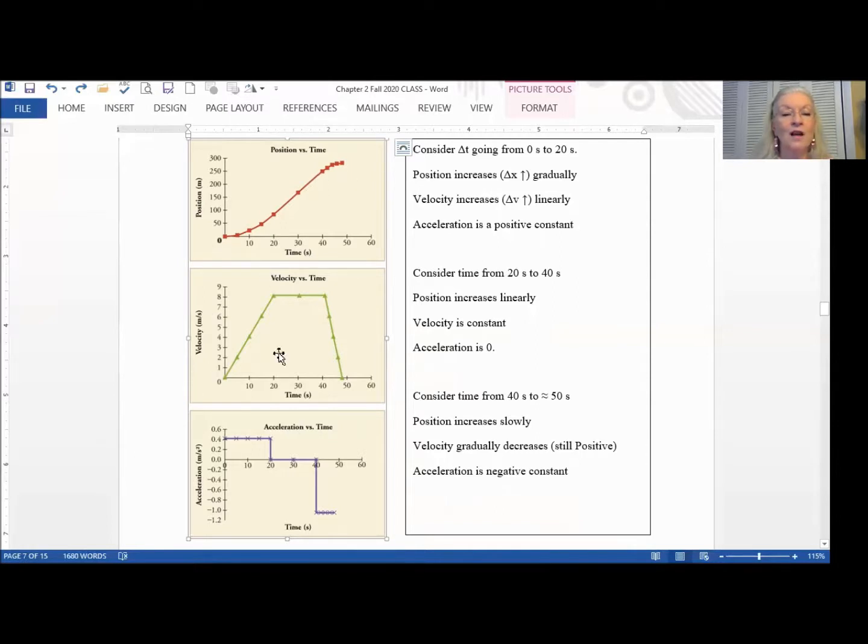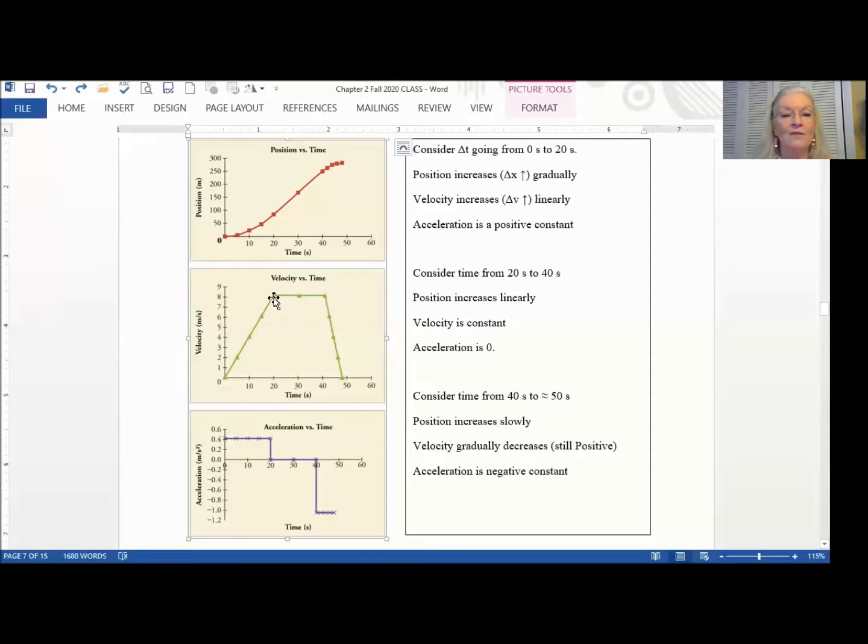If you look at velocity versus time, this first half says that we've got a fairly rapid change. That's this part of the graph. The middle part says the velocity is changing at a constant rate, and then we're slowing down relatively quickly. And then finally, you can see how the acceleration changes as you go along.